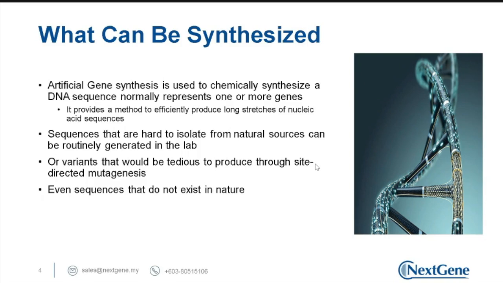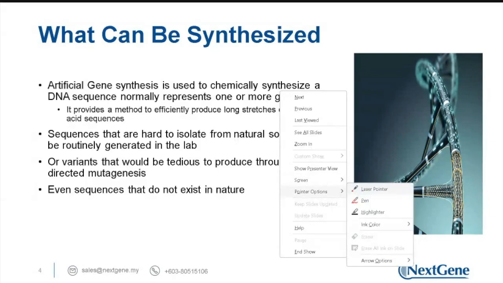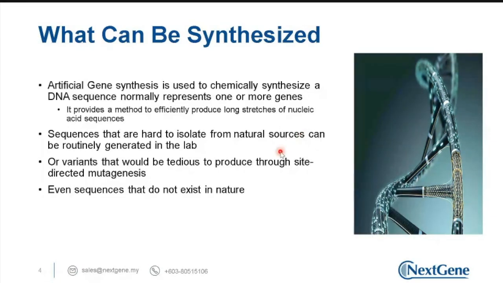Okay, this particular method is actually useful when you have sequences that are hard to come by. For example, let's say you have a DNA sequence that is hard to isolate from natural sources. By using the gene synthesis method, you can produce this particular sequence routinely in your lab.